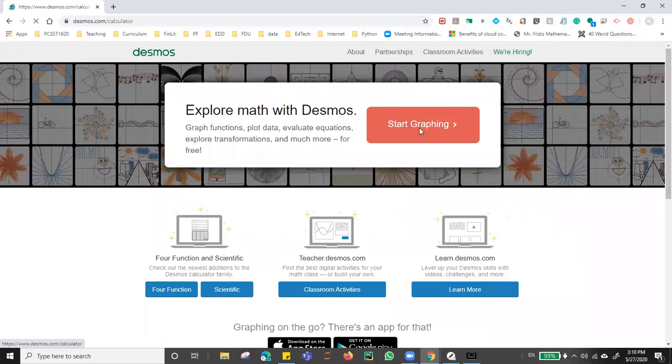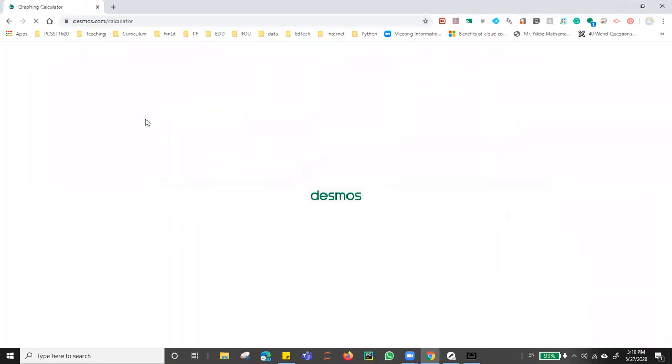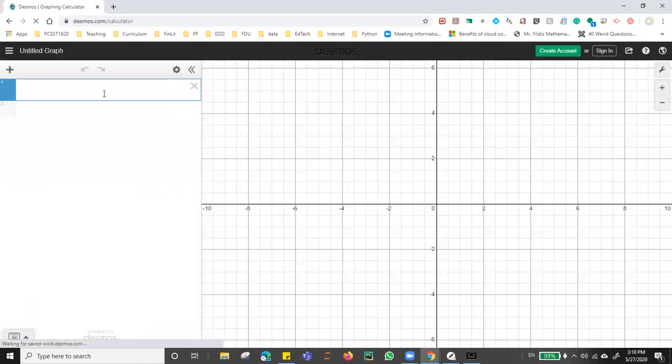All right, Desmos, start graphing. Instead of B and C, I'm going to use X and Y, because the calculator understands X and Y. Those are the only two variables defined in this calculator. Otherwise, I need to define the variables.